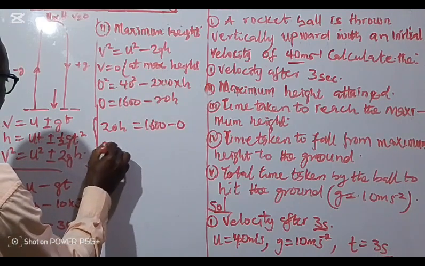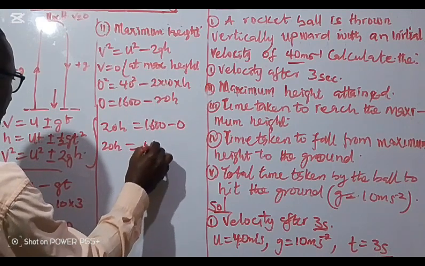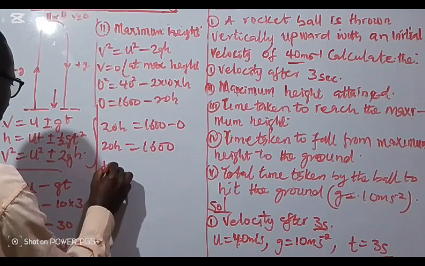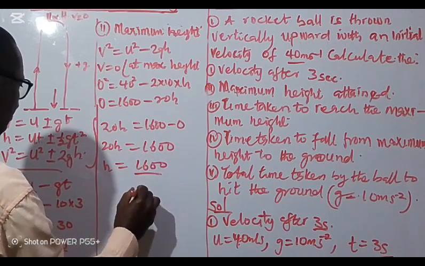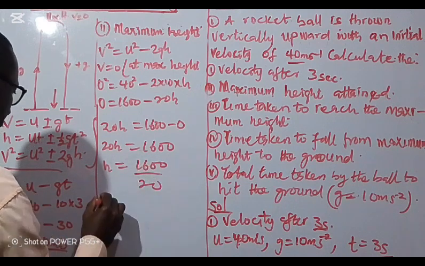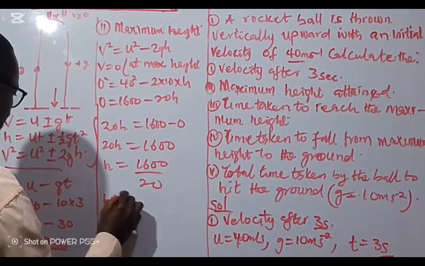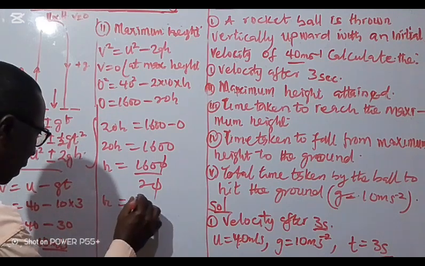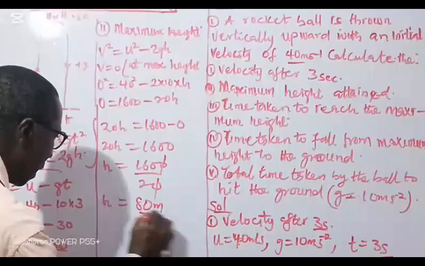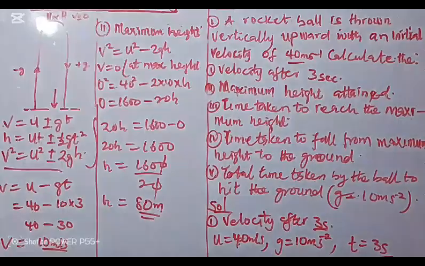So this one will now give us 20h is equal to 1600. h now will be equal to 1600 divided by 20. Therefore, our maximum height, according to the question, will be equal to 80 meters. That will be the maximum height reached by the ball.